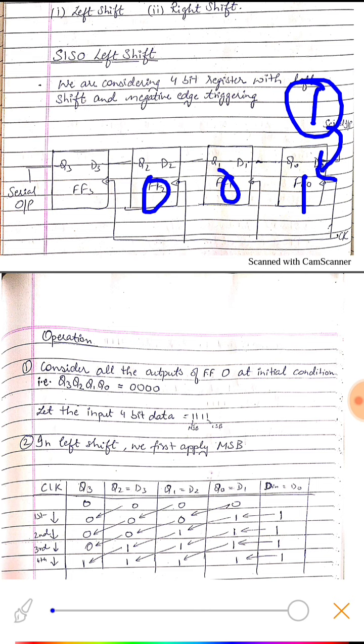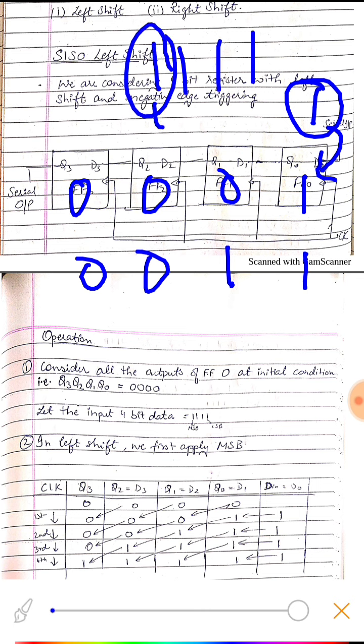So 1 will be stored on the first negative edge into this flip-flop, and the others would remain 0 0 0. Now at the second edge, this input will become 1, and this will remain 1 0 0, that is we are entering 1 1 1 1 from the MSB.